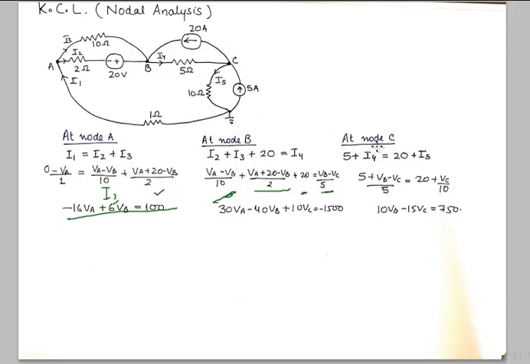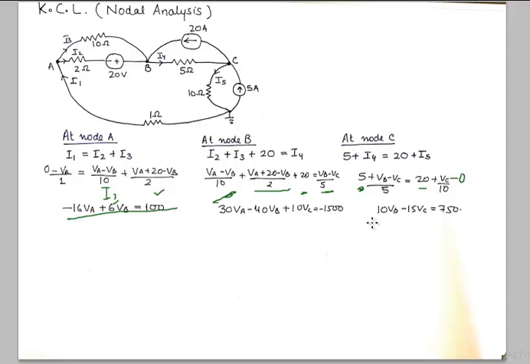And at node C, we know that 5 ampere current is entering, then I4 is also entering, which is VB minus VC upon 5, and what's leaving is 20 amperes, and this is also leaving. So VC minus 0 upon 10, which is equivalent to VC upon 10.